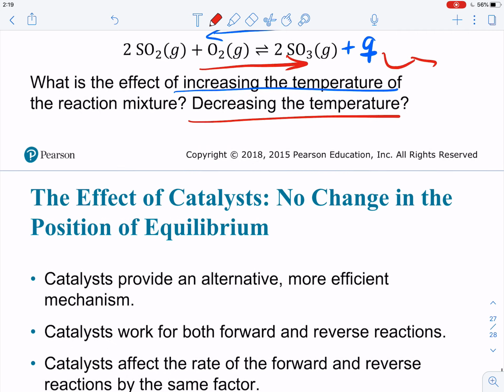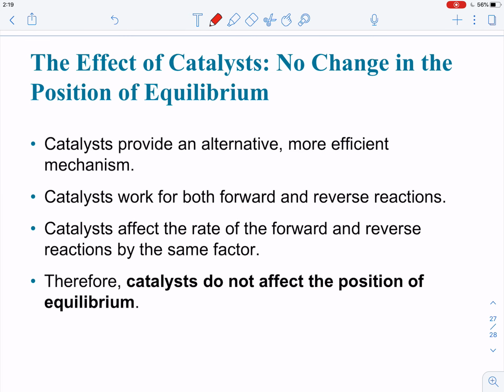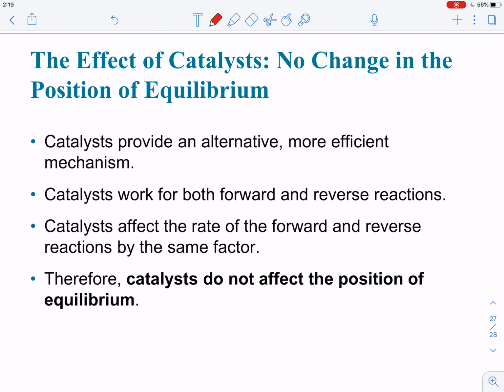Okay, the last factor to cause a disturbance on a reaction is the use of a catalyst. However, a catalyst is the easiest to predict because nothing happens. The mechanism of action of a catalyst is such that it will accelerate both the forward and the reverse direction reactions.